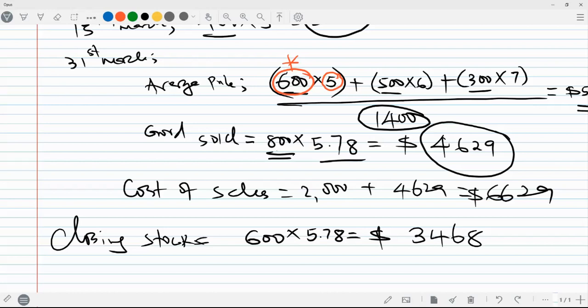Clear? Okay, great. That's what we have for the value of the closing stock. You have to use the cumulative weighted average method. Any questions on the cumulative method? Okay, no question.